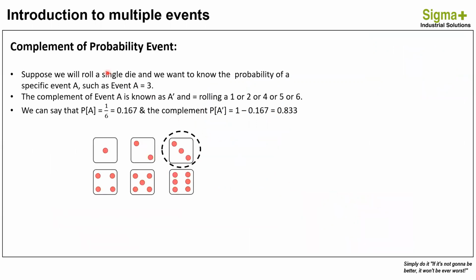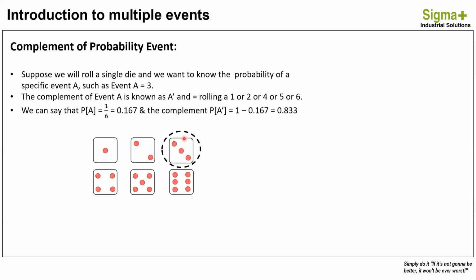Okay, so an example about the complement of the probability of the event. Suppose that you're rolling a single die, and we want to know the probability of having a specific event, that we need to have the number 3.